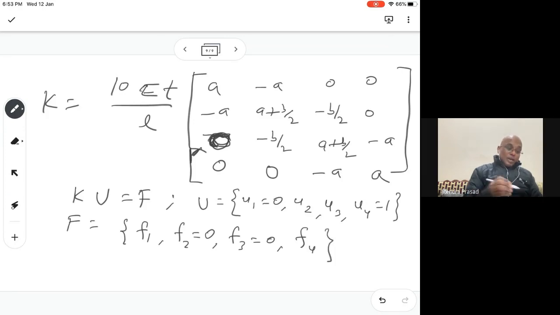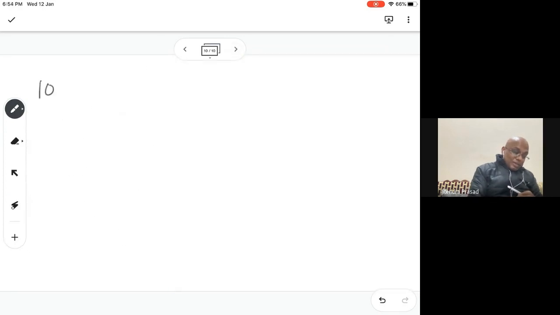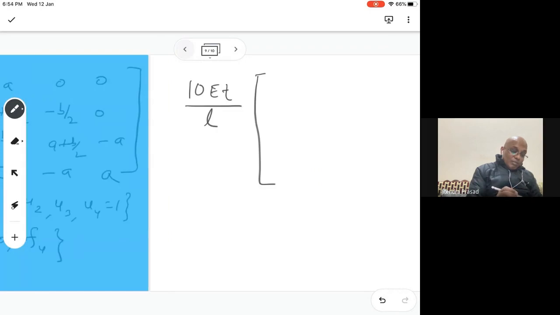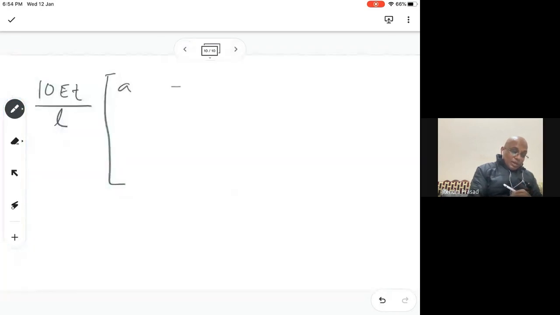Yeah. Okay. So finally, when you write the problem, then you will know what you want to do. So 10 ET over L, and then okay, then we have A, minus A, 0, 0. Okay, maybe we give less space.